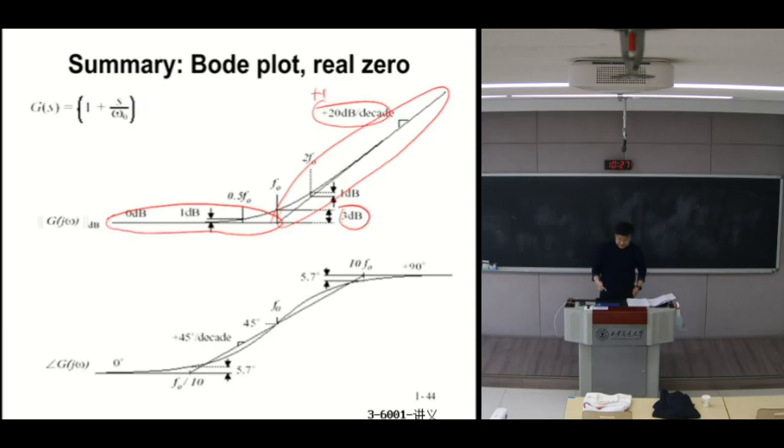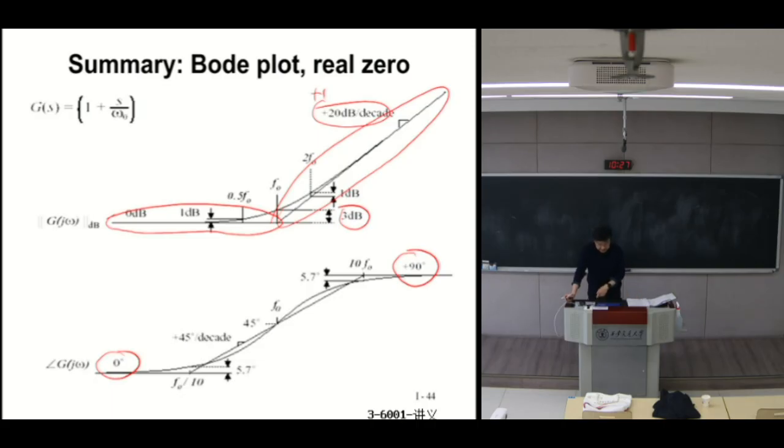And for the phase angle, at low frequency it is approaching 0 degrees, and at high frequency it is approaching plus 90 degrees. Pay attention to this. It is exactly in contrast with the single pole, both for the magnitude Bode plot and the phase angle Bode plot.